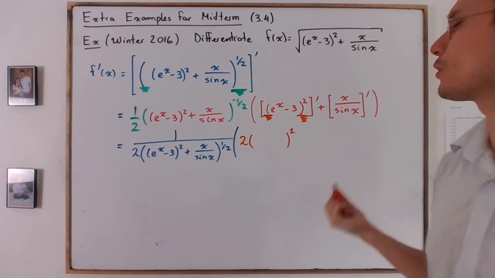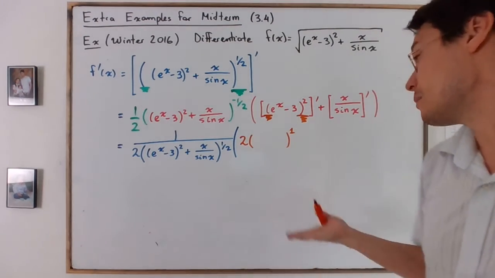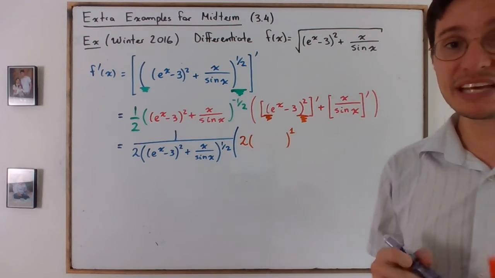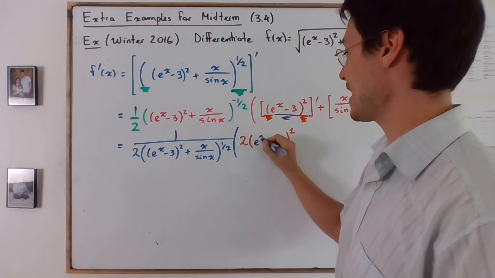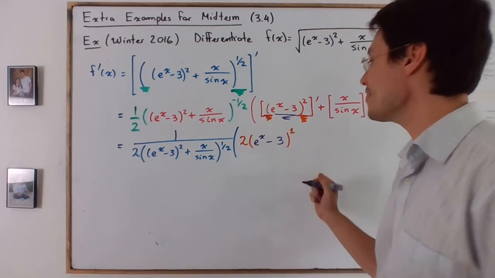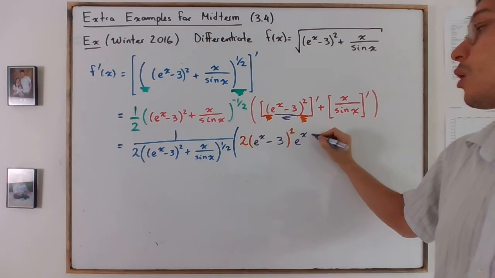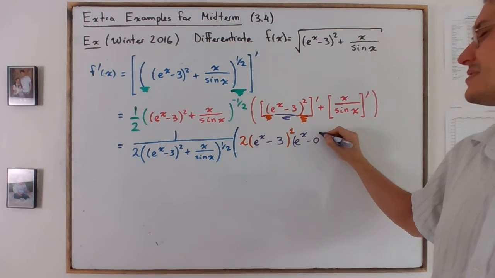And you can put the power of 1 here just to show that you know what the power rule is, but the 1 is not necessary, of course. Take the derivative of the outside, take the inside in, so e to the x minus 3, and take the derivative of the inside, which turns out to be e to the x only. Or if you want to be really specific, e to the x minus 0.